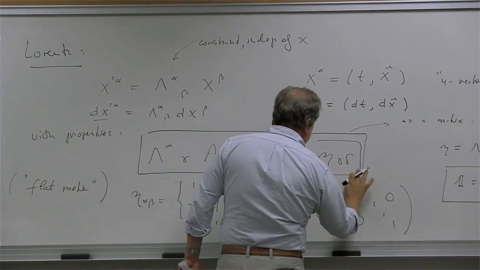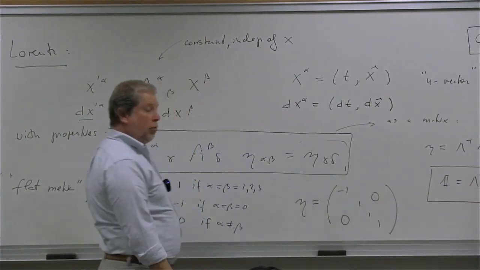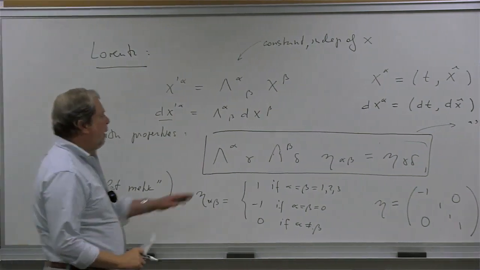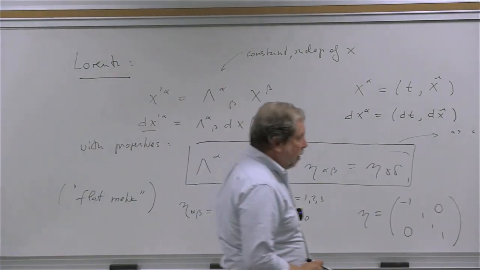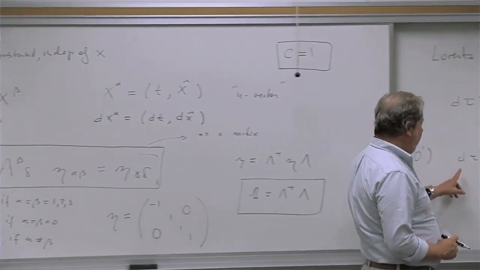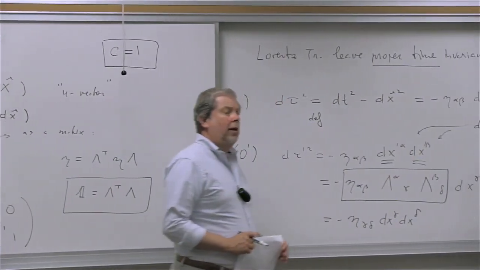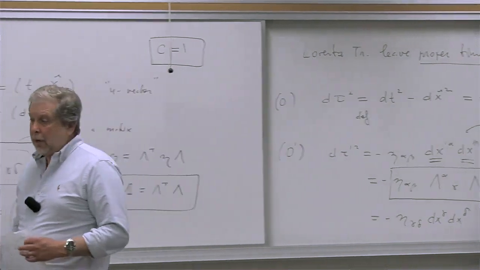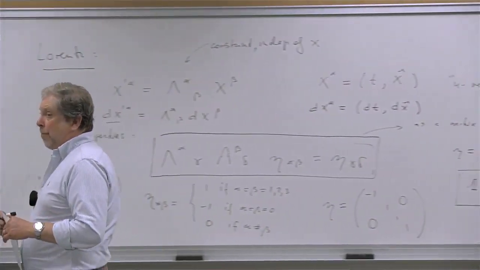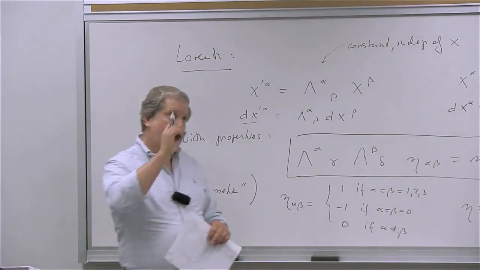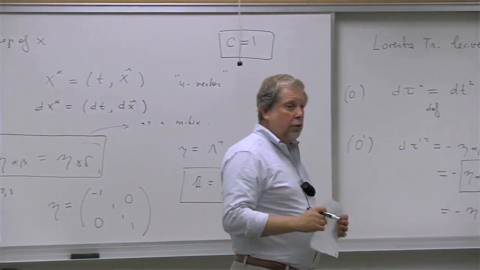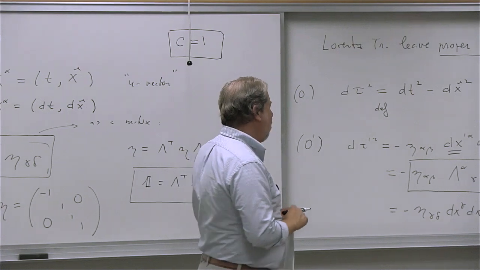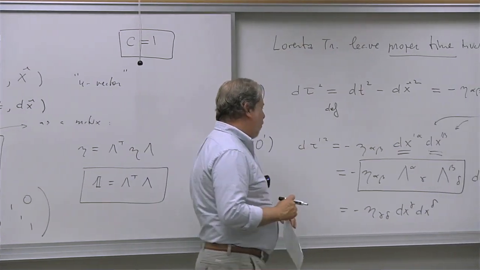And in fact, this was the right one to use. This is the correct expression for a Lorentz transformation because indeed it does preserve the proper time interval. Now remember that the proper time interval is what we started to talk about at the very beginning of the lecture. That was x squared plus y squared plus z squared minus c squared t squared, which was the same, namely equal to 0 for both light fronts.